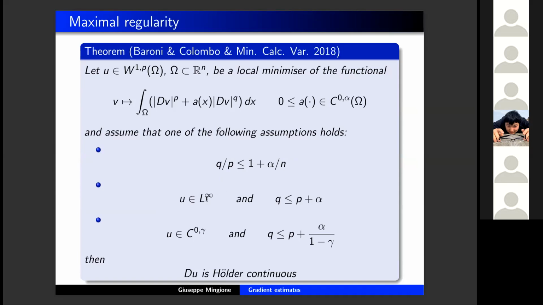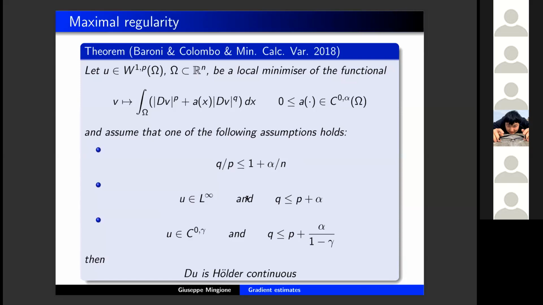Moreover, if you assume that you're dealing with a bounded minimizer, and this boundedness information, for instance, might come from a bounded boundary value, then you can relax the previous bound, assuming that q is less than or equal to p plus alpha.